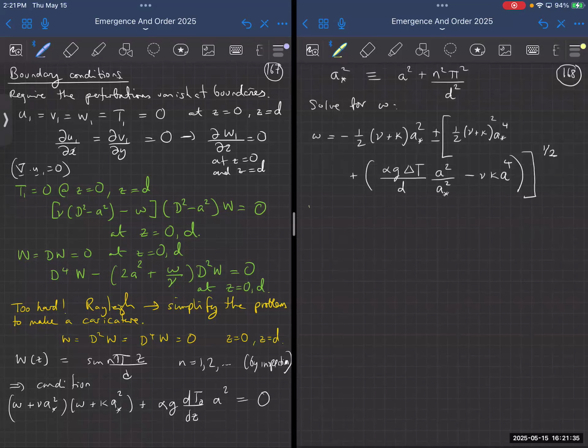We have a wave vector in the z direction, that's k, which is n pi over d, and then we have a in the horizontal direction, in the xy direction, and that has values that are related to the ones by n.